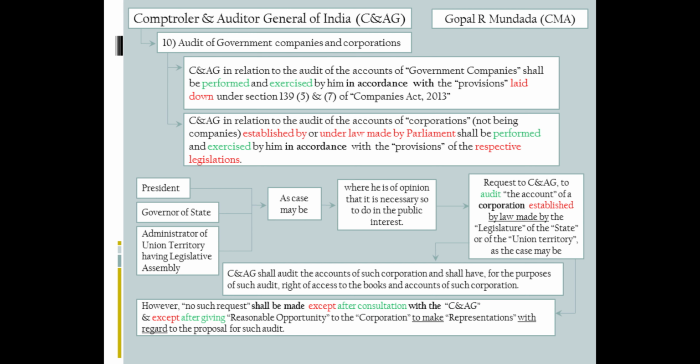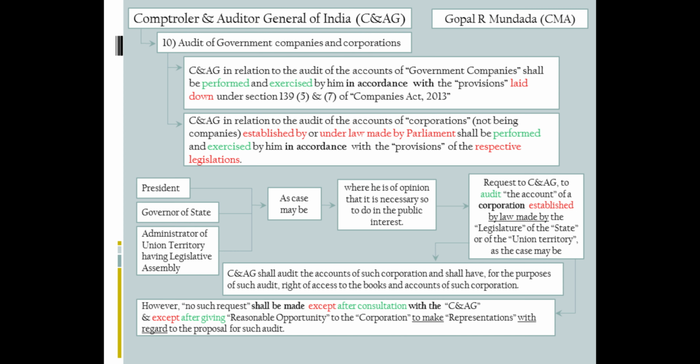So guys, this is basically the audit of government companies and other corporations which are incorporated under the respective legislature. In this case, where the President, Governor of the state or administrator of the union territory, as the case may be, is of the opinion that it is necessary in the public interest, then they request the C&AG to audit the accounts of the corporation established by the law made by the legislature of the state or union territory.